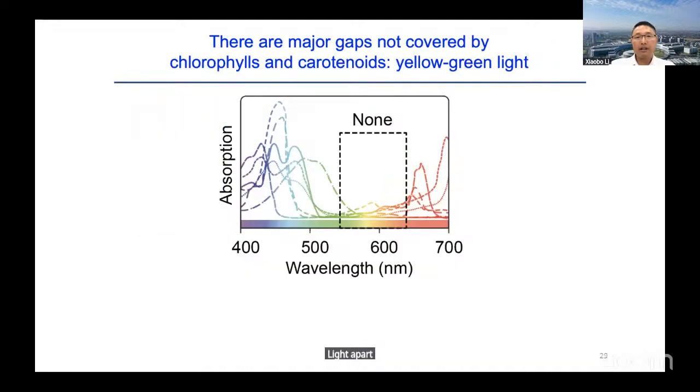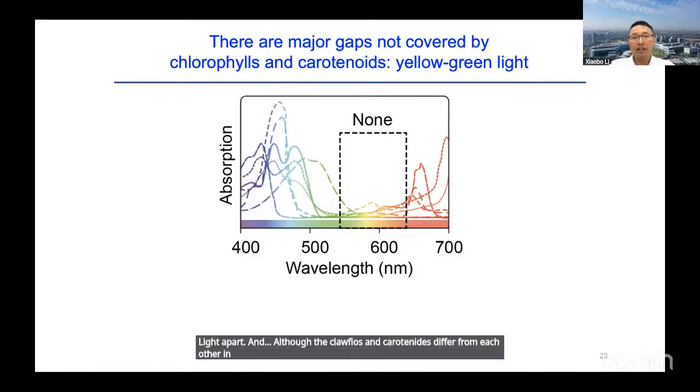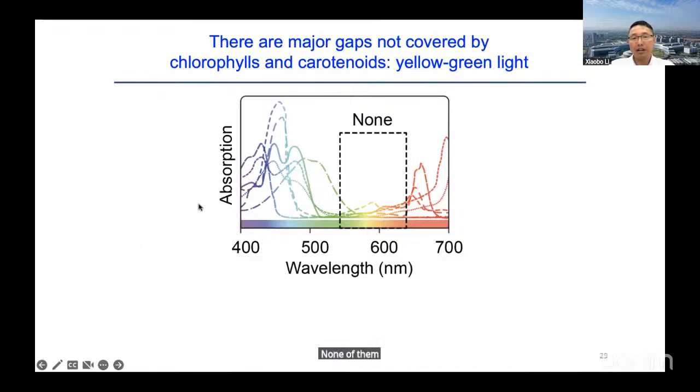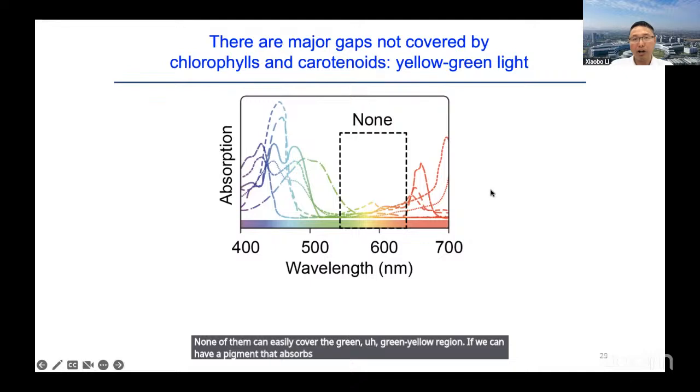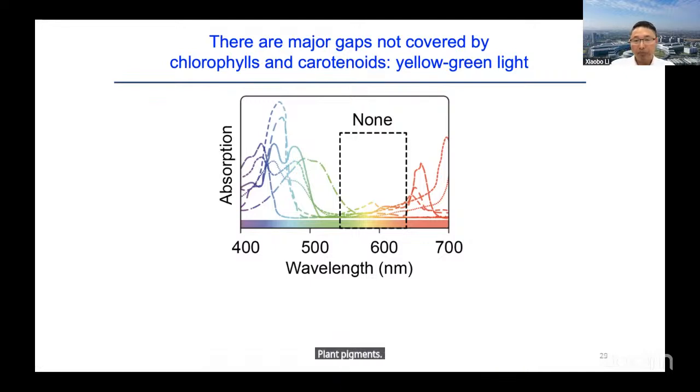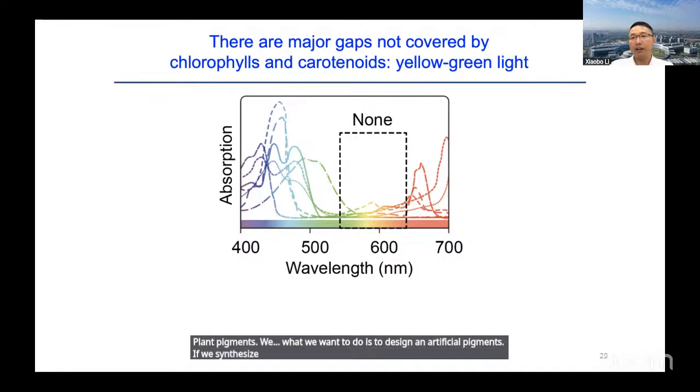Although the chlorophylls and carotenoids differ from each other in absorption, none of them can easily cover the green-yellow region. If we can have a pigment that absorbs in this region, it could be more complementary to plant pigments. What we want to do is to design artificial pigments. If we synthesize a random pigment, it's not going to work because it cannot transfer energy to other pigments. It cannot be bound by LHC.